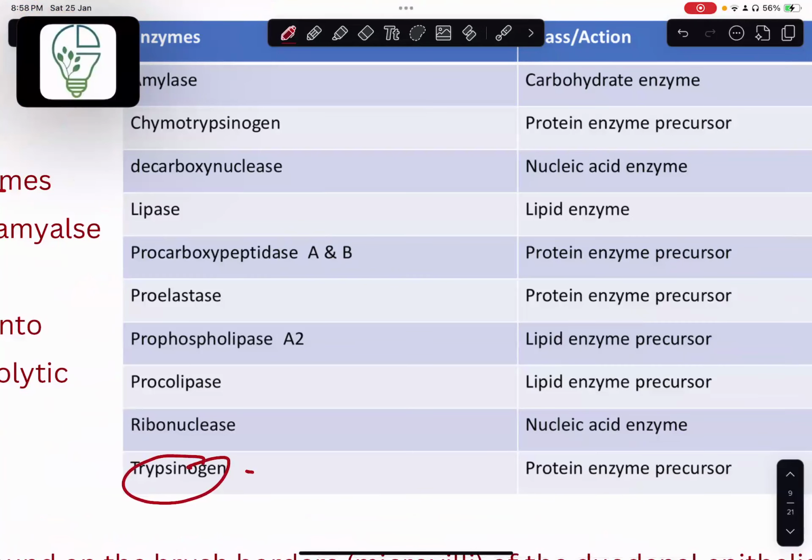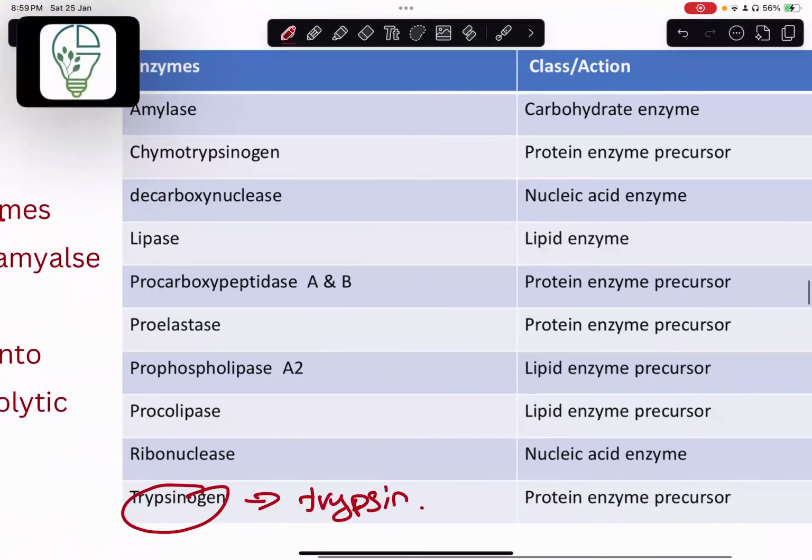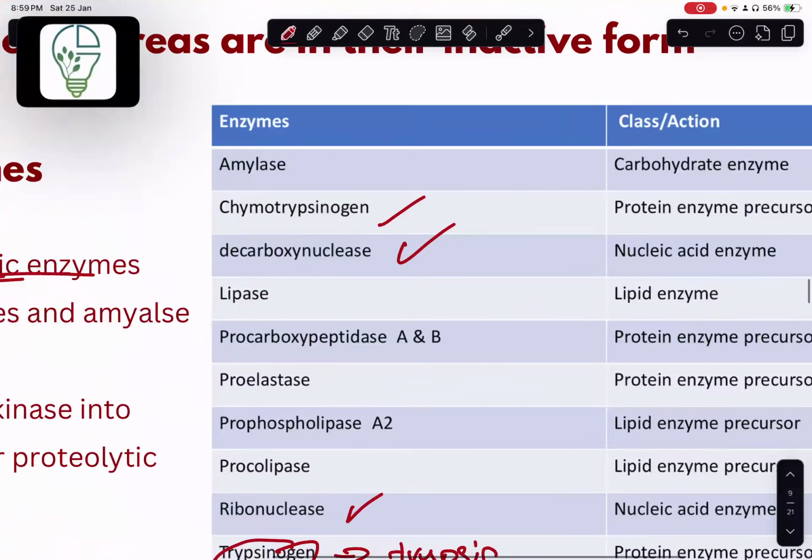So trypsinogen turns to trypsin, then trypsin will activate ribonucleases, deoxyribonucleases, chymotrypsinogen, proelastase, procarboxypeptidases. Literally, trypsin can activate most types of proteolytic enzymes.